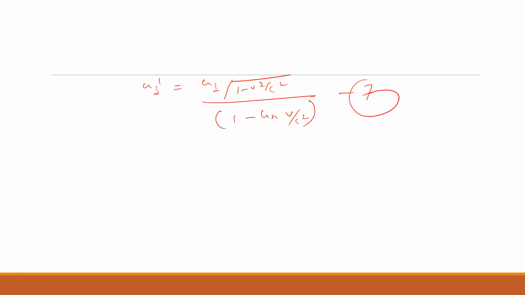Now equations 5, 6, 7 represent the addition of velocity relations as observed by observer O dash.